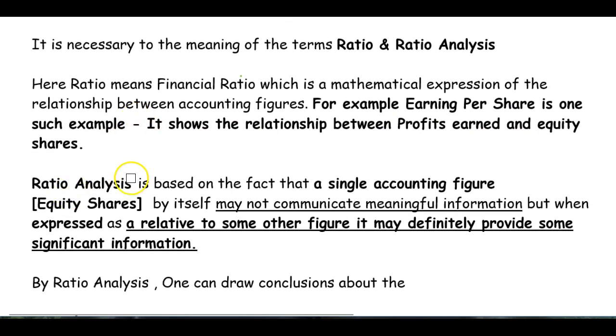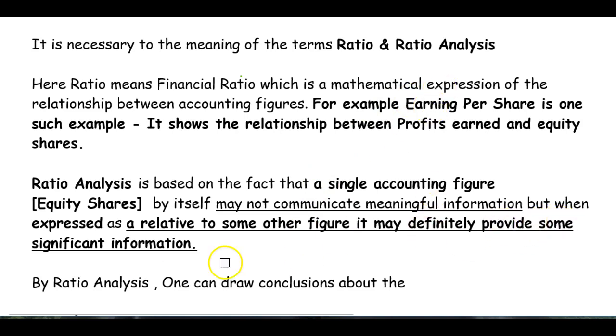Without doing ratio analysis, you will not come to know the relationship between equity and profit. Ratio analysis is based on the fact that a single accounting figure, that is equity shares here, by itself may not communicate meaningful information, but when expressed relative to some other figure, in the example equity shares relative to profit, it gives a mathematical expression of earning per share, which is quantifiable.